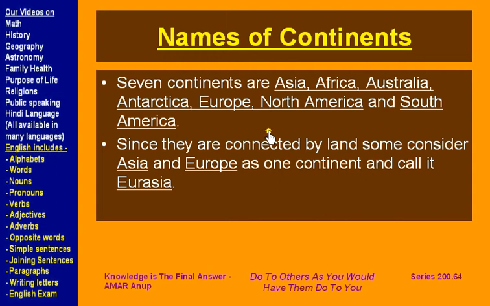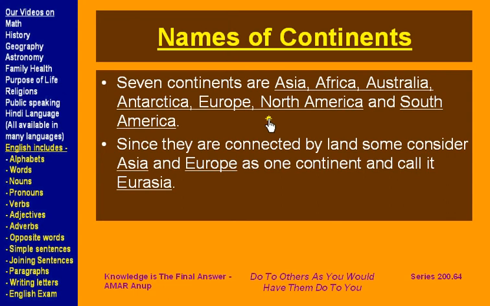Just some additional information, because some people consider North America and South America as one. They say there are 6 continents, and some people say because Asia and Europe are connected, so that's 1 continent, so it becomes 5 continents.